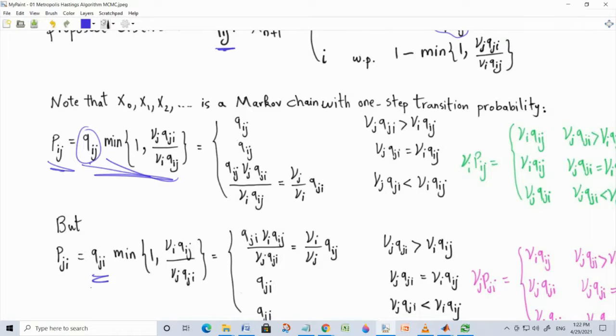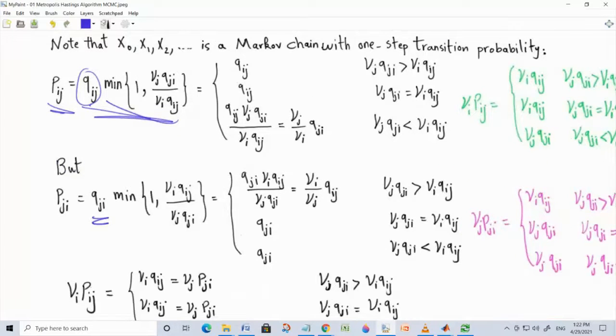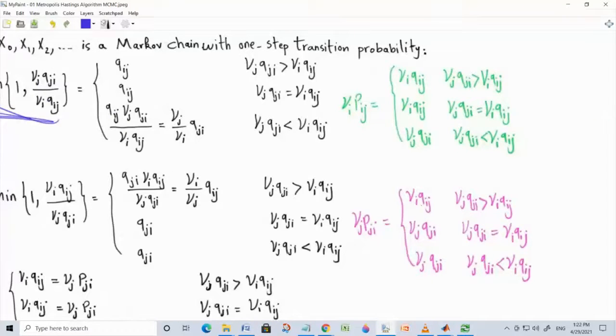Again, it's written just by swapping i and j. Same thing. You can write the minimum, divide into three cases, and then you say, okay, what if I multiply by mu_j? If you multiply by mu_j, you get those quantities, each line here multiplied by mu_j.